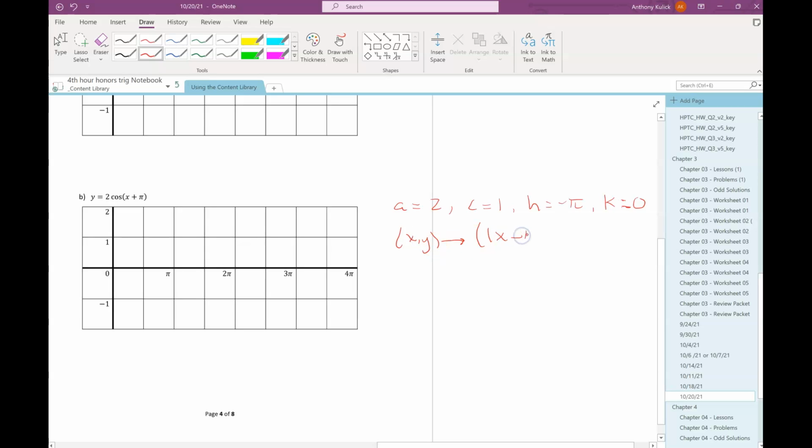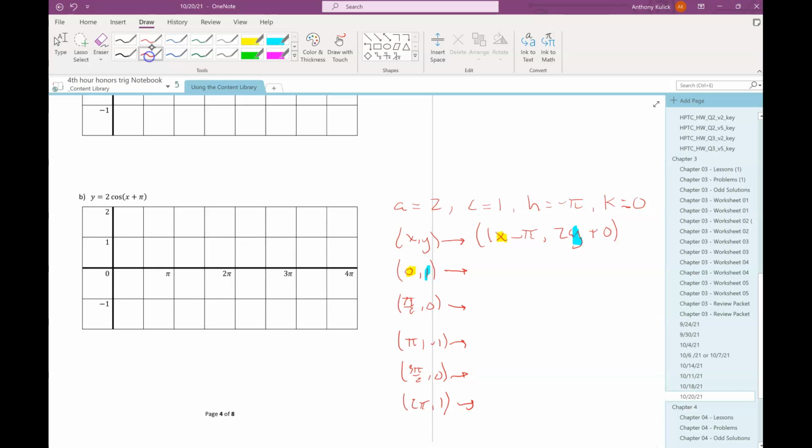So Cx plus H, AY plus K. And I'll write down my key points for cosine. Again, these would be given to you. And then just like last time, plug my x's into my x spot and my y's into my y spot.